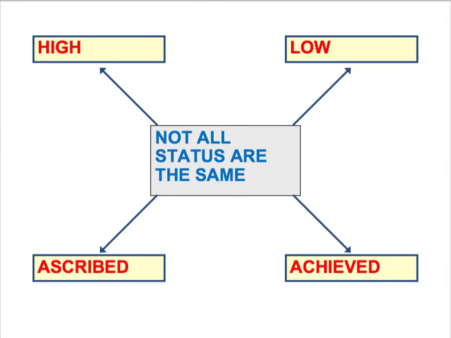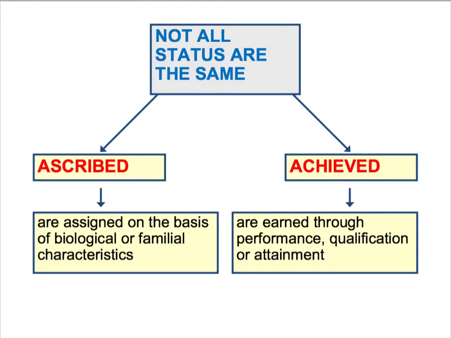The other distinction that I want to draw your attention to in this screencast is this distinction between ascribed social status and achieved social status. So an ascribed social status is where an individual's position in society is very much fixed by the social characteristics with which they're born.